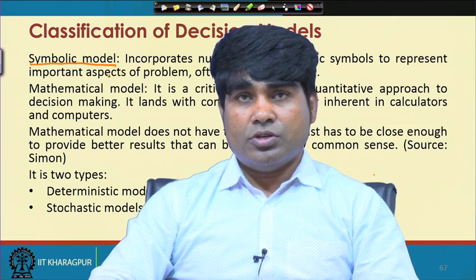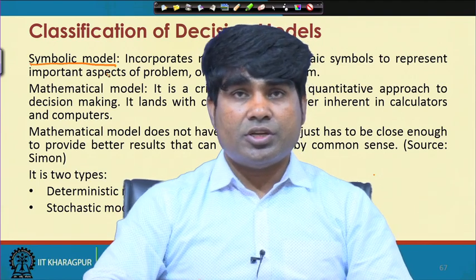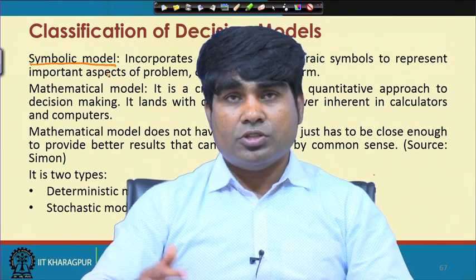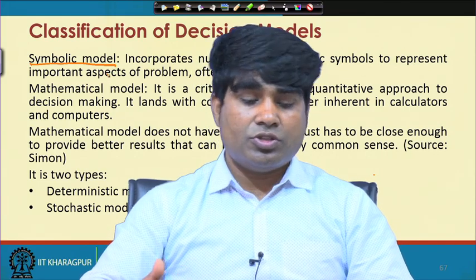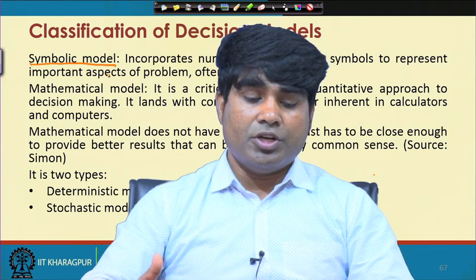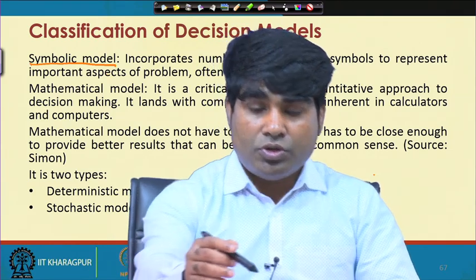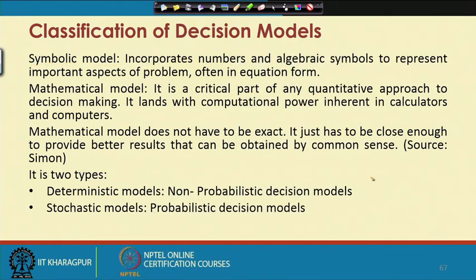Deterministic types are easy to handle, but stochastic types are not easy to handle, because some kind of risk and uncertainty will be attached to this stochastic modeling environment. So we have to understand these two models, and then we will go into in-depth examples.